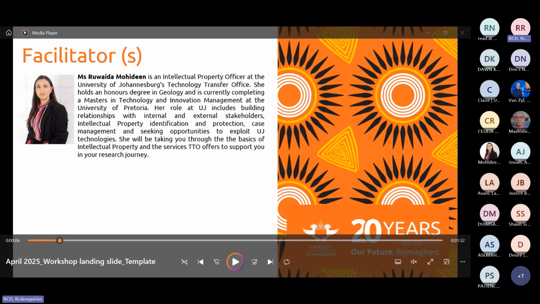We also have our other facilitator, Mr. Wikas van Zyl. He is the manager of the UJ Press, based in the library at the University of Johannesburg. He has an honors degree in publishing from the University of Pretoria and an MBA in digital transformation from the Johannesburg Business School. He has been involved in scholarly publishing since 2004 and is currently serving as chair of the PASA Scholarly Committee.